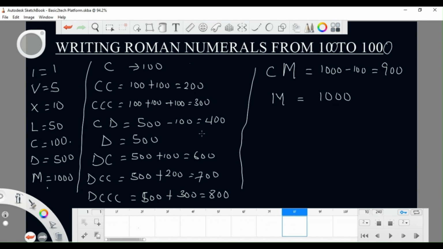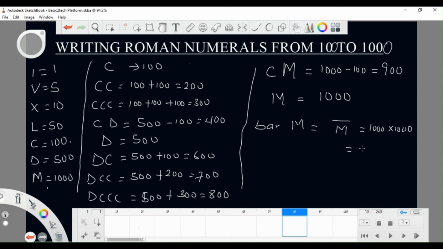If you are to write, for example, 1,000,000, what we do is that it becomes bar M. That means that is 1,000 times 1,000.